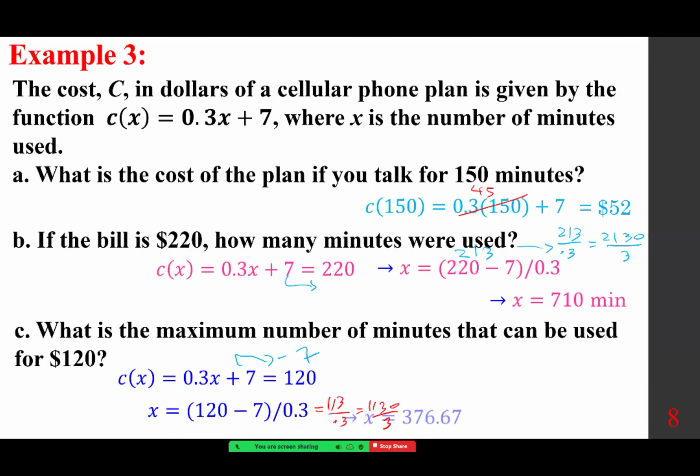And it gives us an approximation. So we get X equals 376.67.